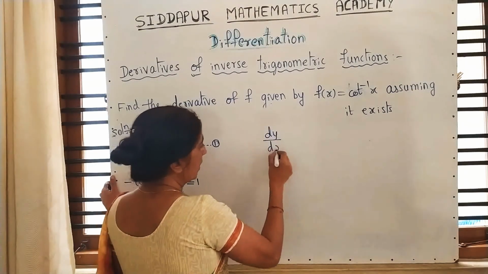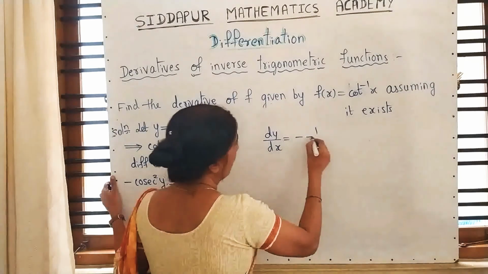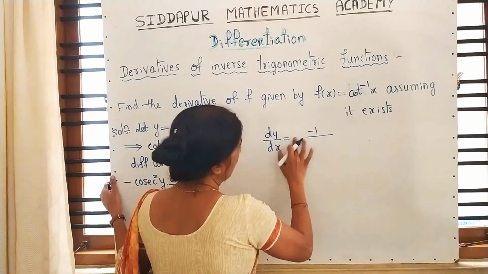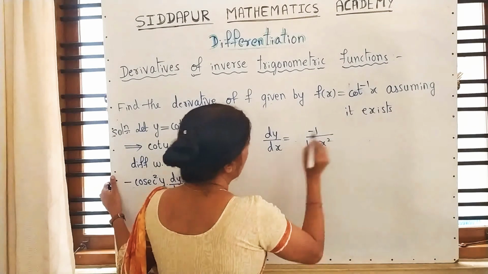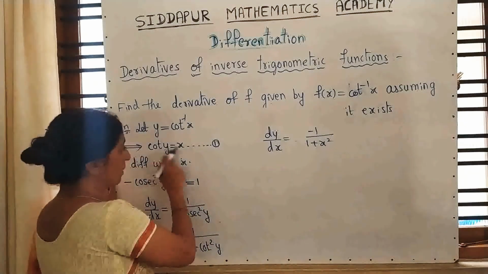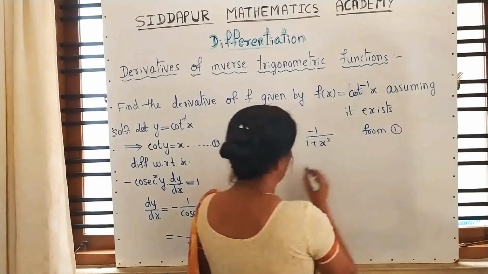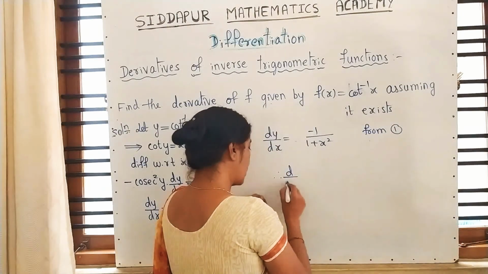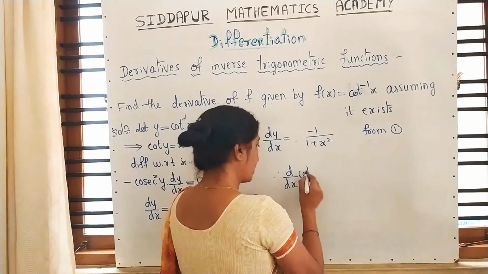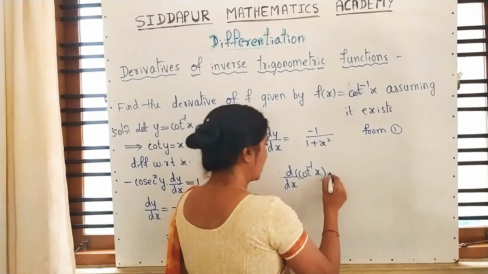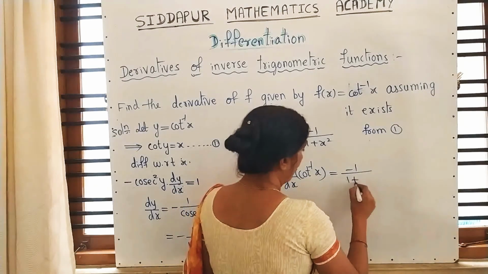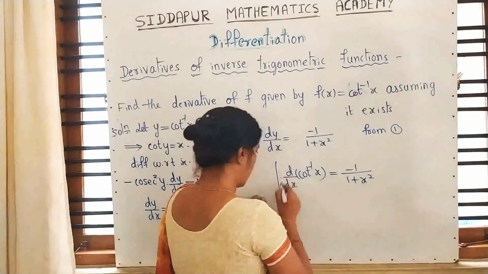That means dy upon dx is equal to minus 1 upon 1 plus x square. Cot y is x. This we are writing from equation 1. Therefore, differentiation of cot inverse x is minus 1 upon 1 plus x square.